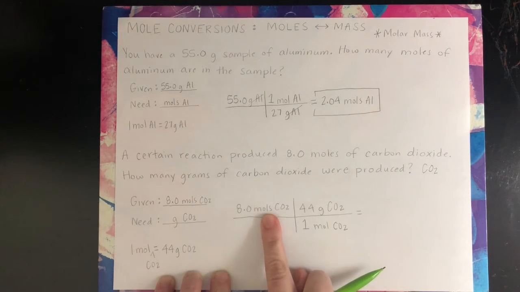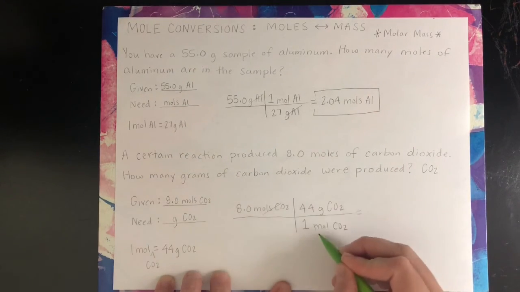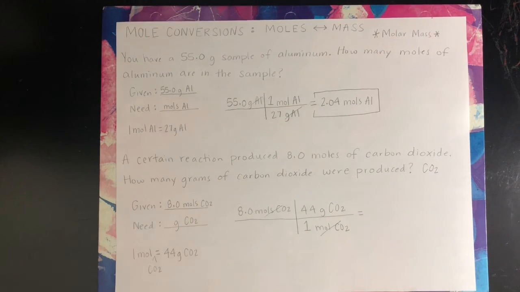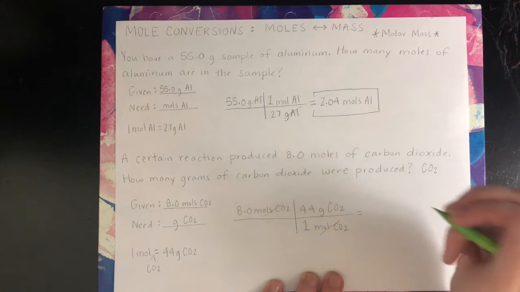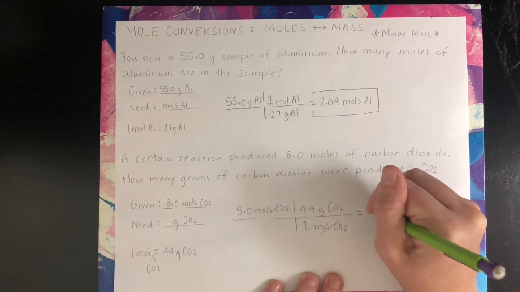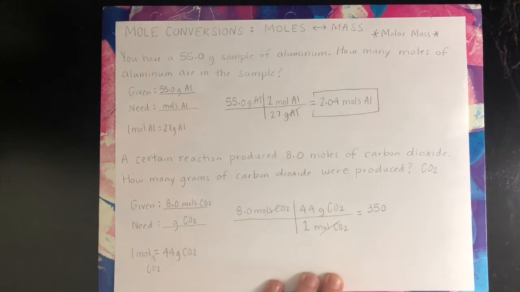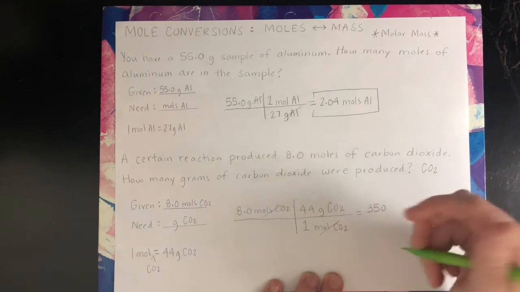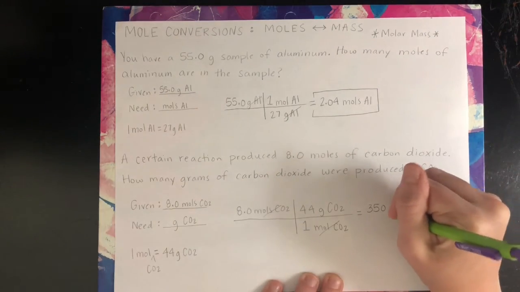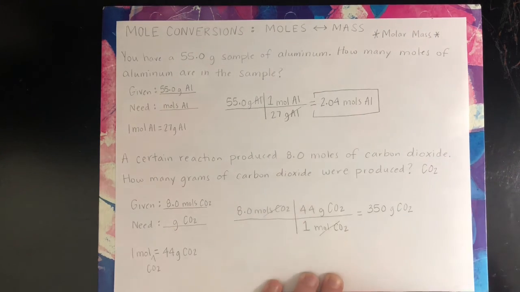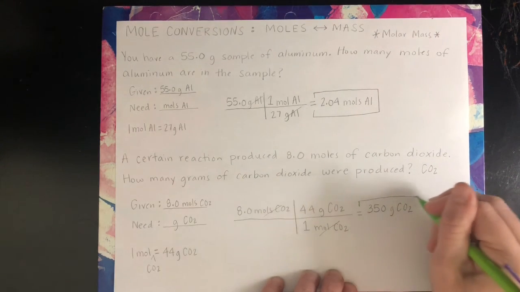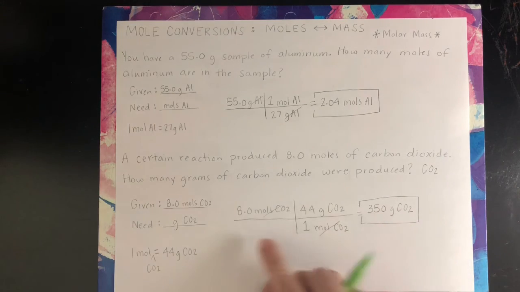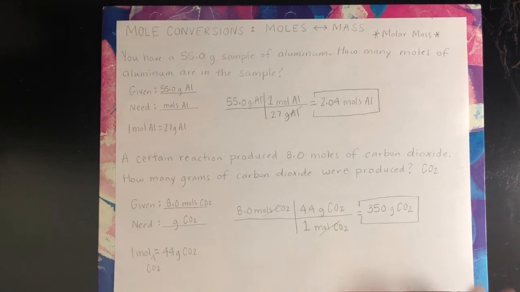So moles of CO2 in the numerator and the denominator cancels. 8 times 44, and it comes out to be a little over 350, but we can only have 2 sig figs, so I have to round it. I think it's like 352, but I wrote down the exact answer. So 350 grams of CO2. And that has 2 sig figs, just like this had 2 sig figs. So that's how you do mole conversions from moles to mass and mass to moles.